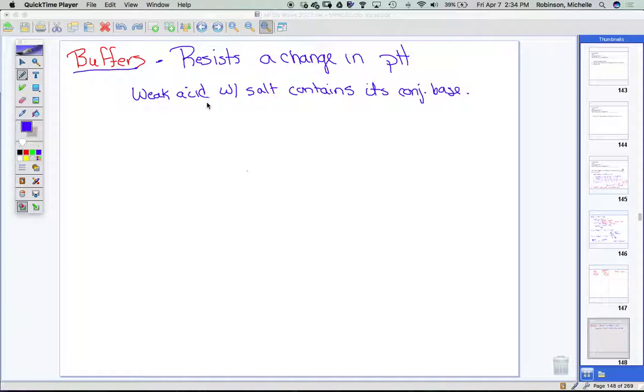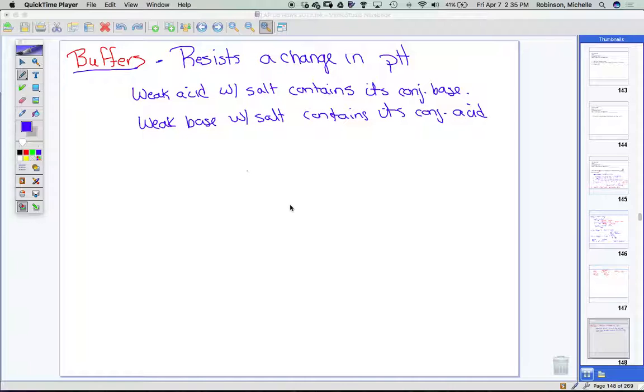So a weak acid with a salt that contains that weak acid's conjugate base. Or it has to be a weak base with a salt that contains that weak base's conjugate acid. All right.